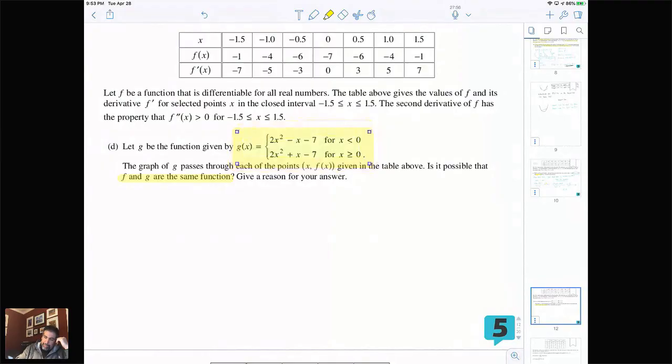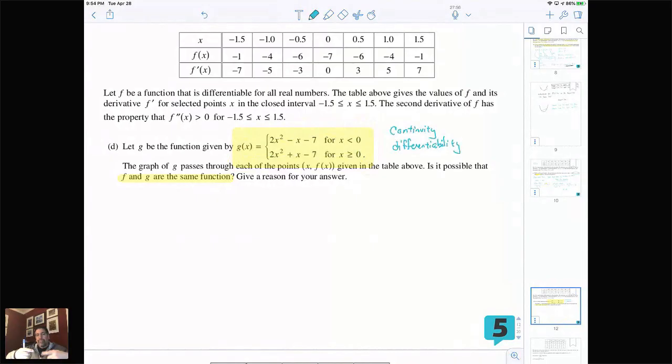And the one place where the AP exam loves piecewise functions is when they're talking about continuity and differentiability. And the reason they love it for continuity and differentiability is because if you go back and remember your definitions of continuity and differentiability, it's all about being able to approach from the left and being able to approach from the right.